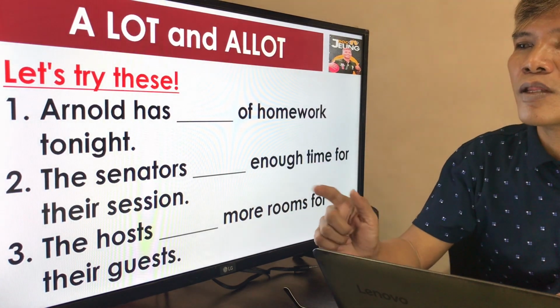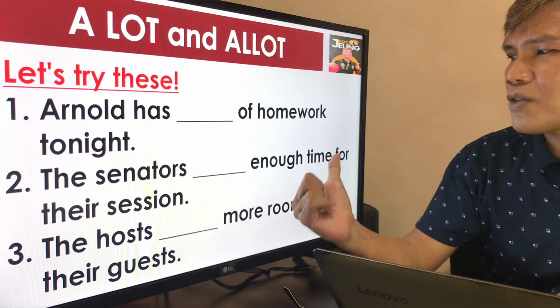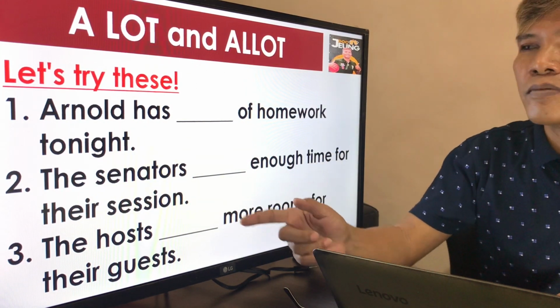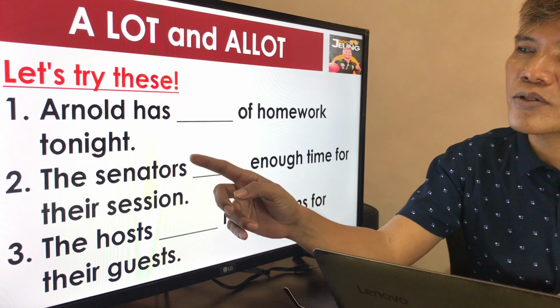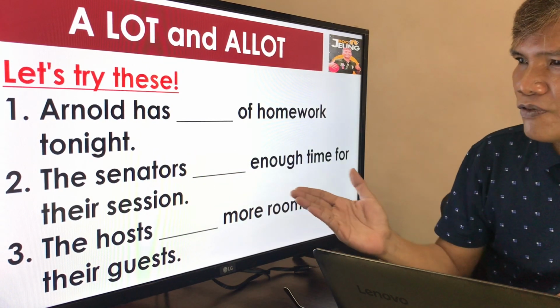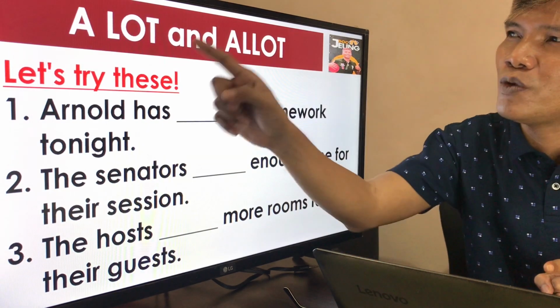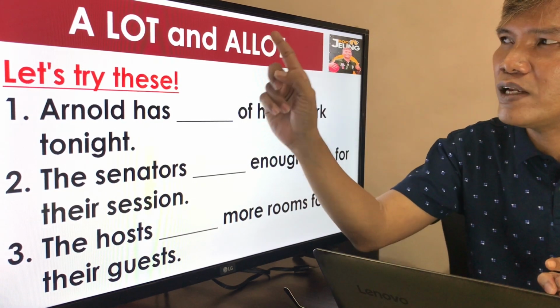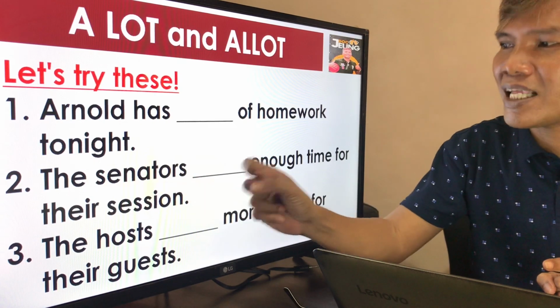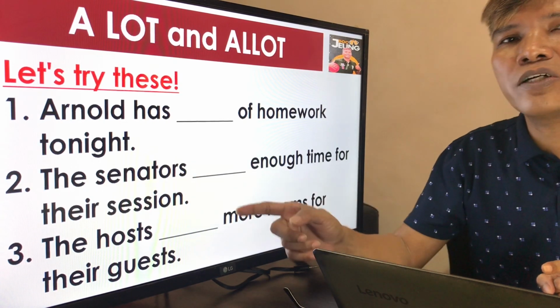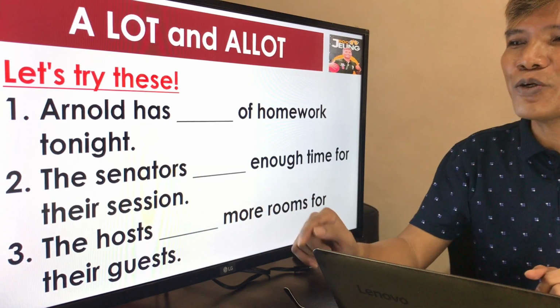Number 2. The senators blank enough time for their session. Our subject is senators. What is our verb? We have no verb here. We are looking for the verb. So, between the two, allot is the verb, therefore we will use this. The senators allot enough time for their session. Number 3.